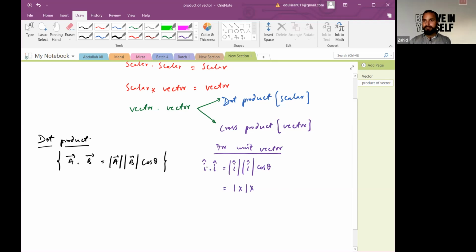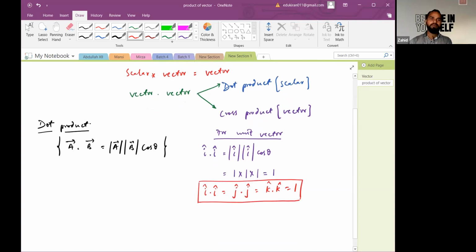I cap defines the x-axis, and this one again defines the x-axis, so both must be parallel. So the inclination between them will be 0 degrees, and cos 0 will be 1. So you will get just 1. From this, we can conclude that the dot product of the same unit vector, that is I dot I, j dot j, k dot k, will be 1. This is the first relation.